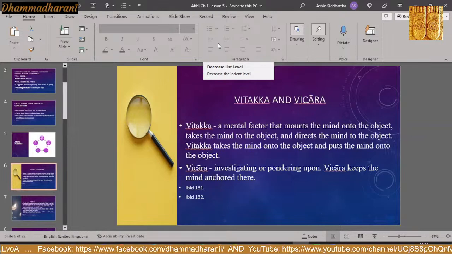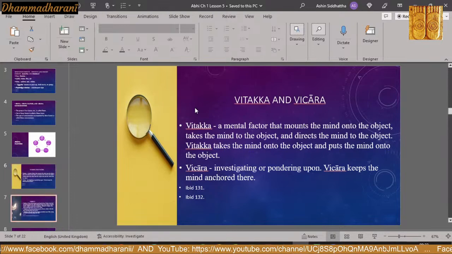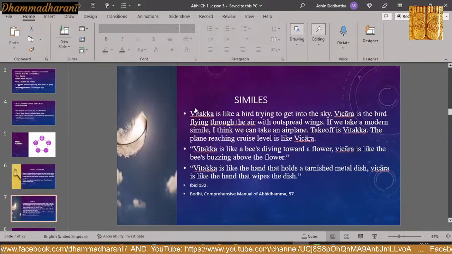In the Dhammasangani commentary, ... get into the sky. In the sky. So think about the gross nature of the vitakka.